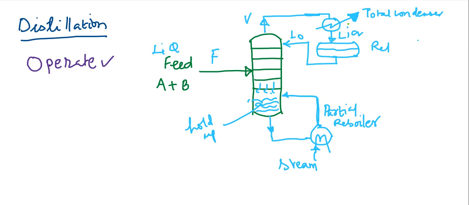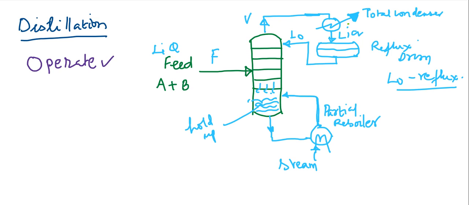This is known as the reflux drum. From the reflux drum, the liquid is sent back to the column as L0, that is known as reflux. So L0 is reflux. Okay, so this is what happens.